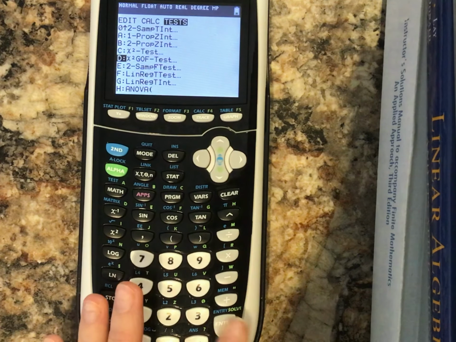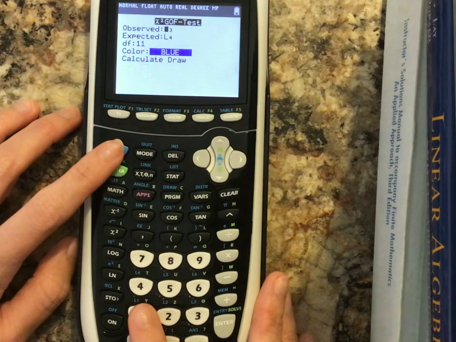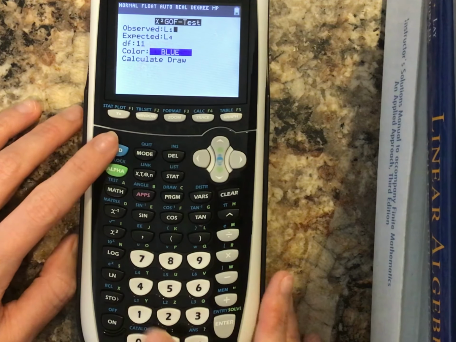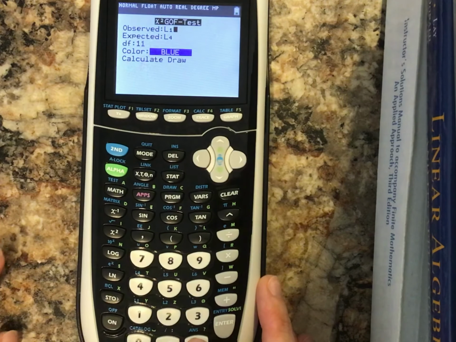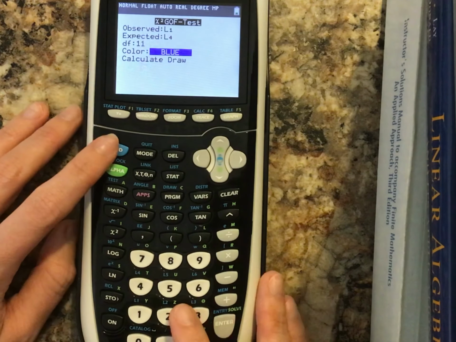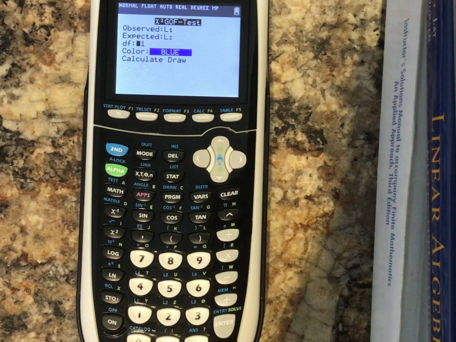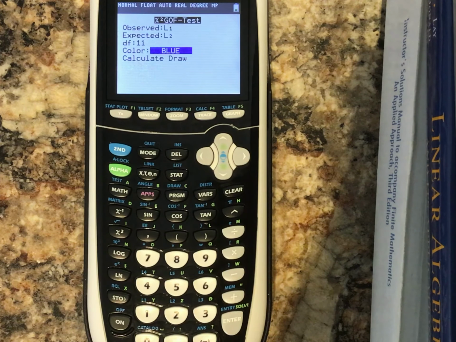You're going to type in the list for your observed list, which was list 1, and list 2 was our expected value list. Degrees of freedom is always the number of outcomes minus 1. So in our case, we had 6 different coloured candies.